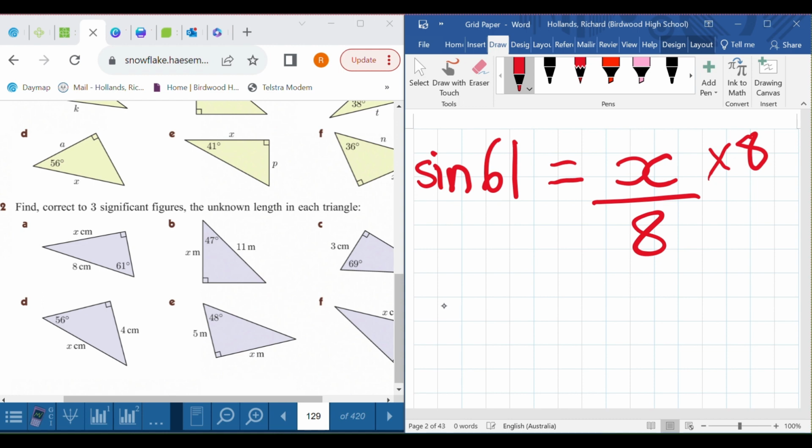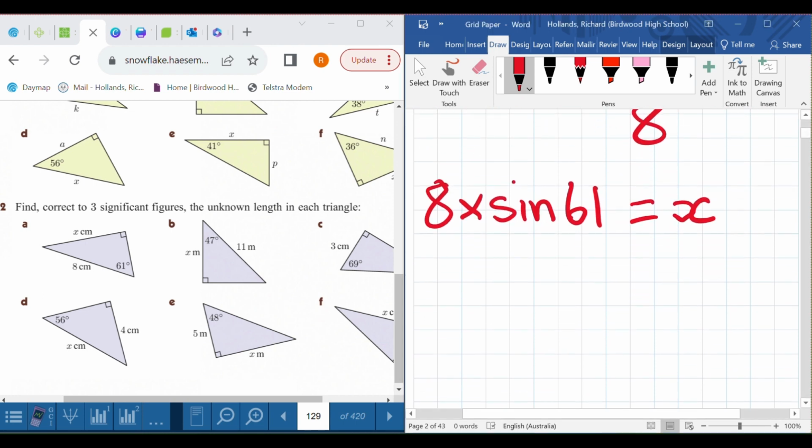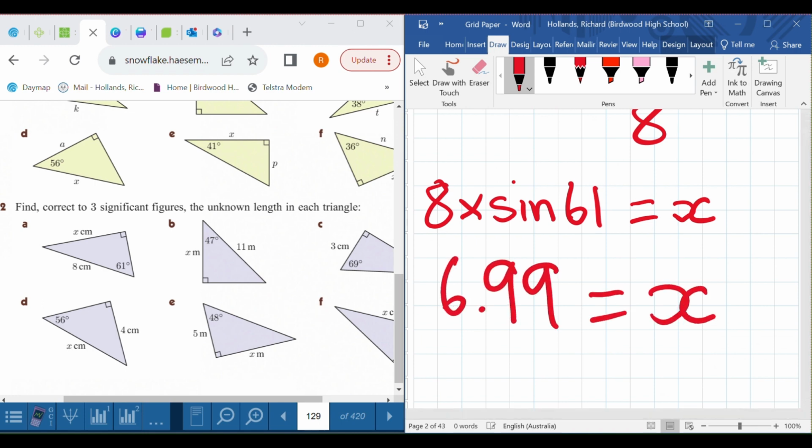So this now becomes 8 times sine 61 equals x. If I punch that into my calculator, I get 6.99 equals x. Pretty straightforward.